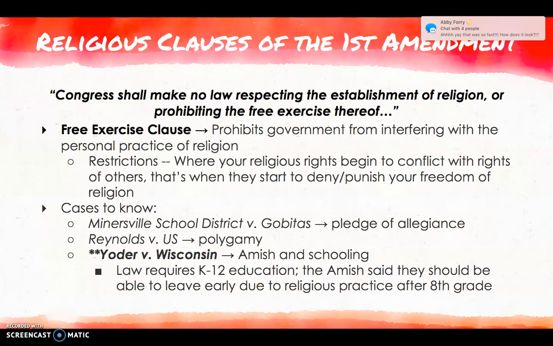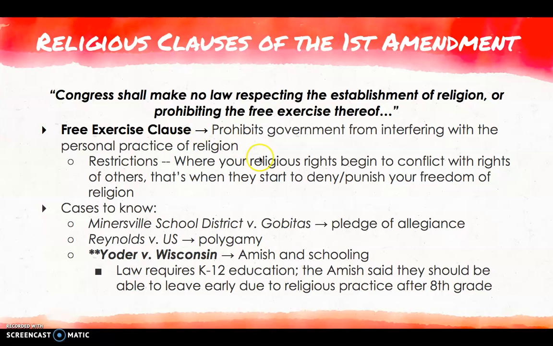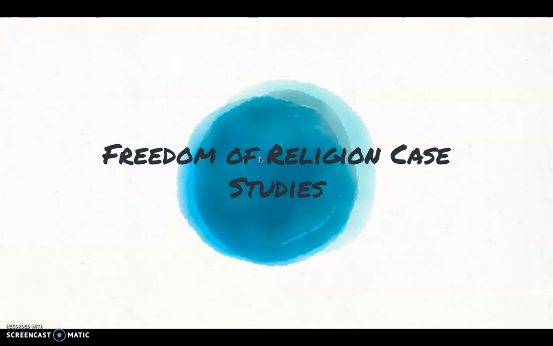Ultimately, the court decided that yes, because that is a religious practice, Amish children are permitted to be pulled out of school by the time they are in 8th grade. So that is an example of an extension of free religion based on the Free Exercise Clause.